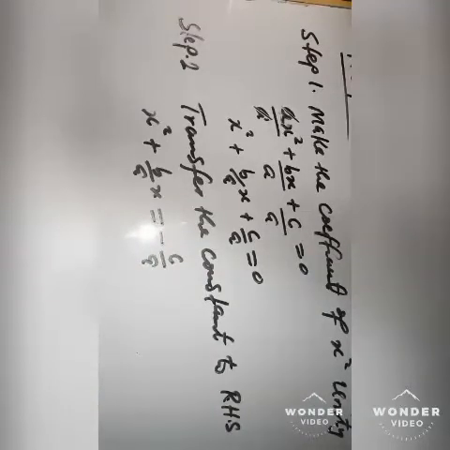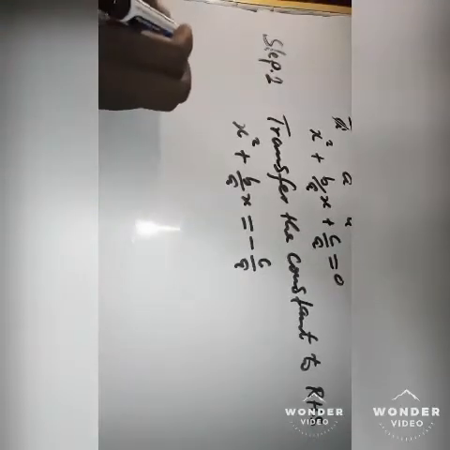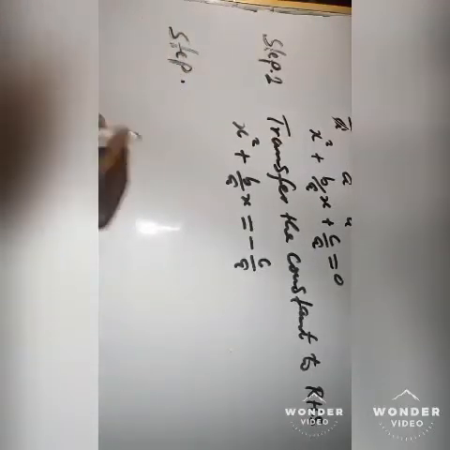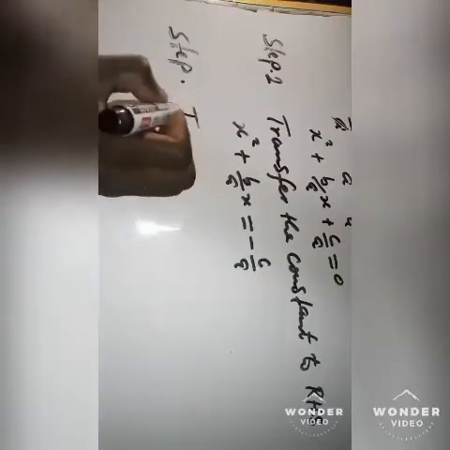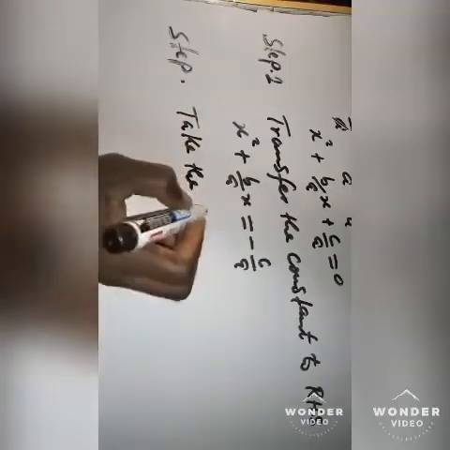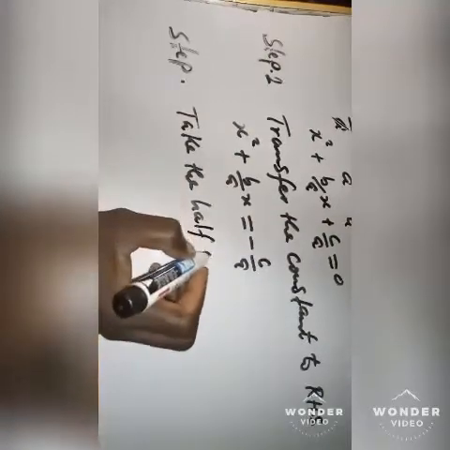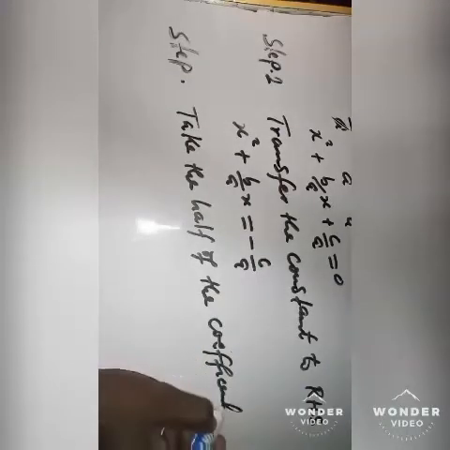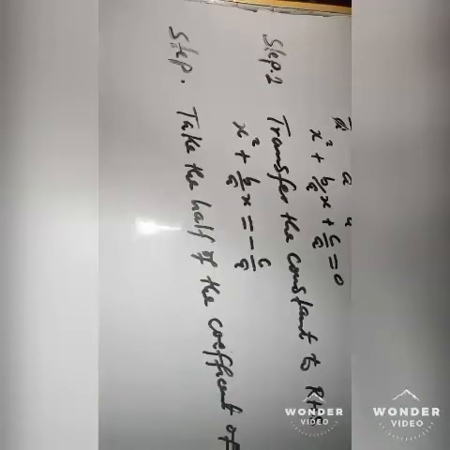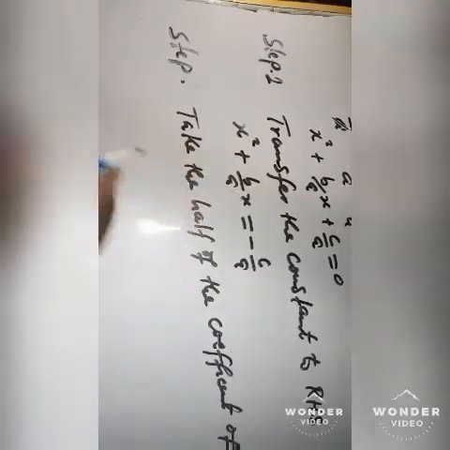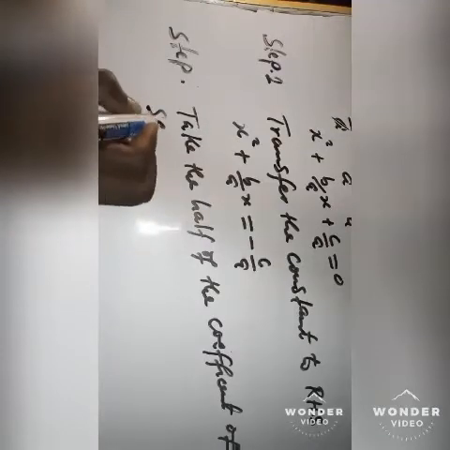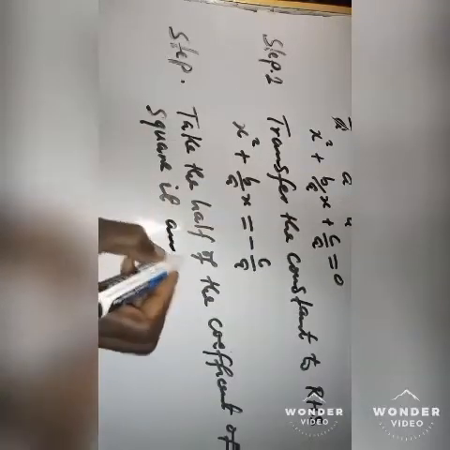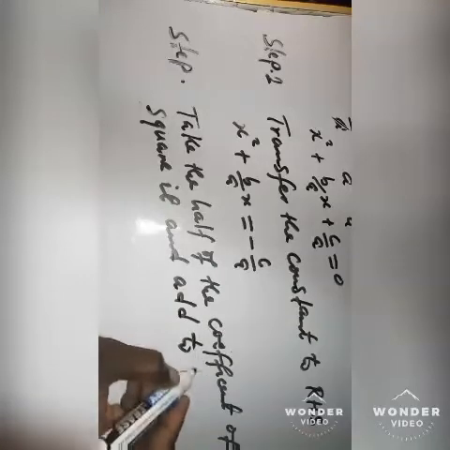So step number 3. We take the half of the coefficient of x, we square it and add to both sides.